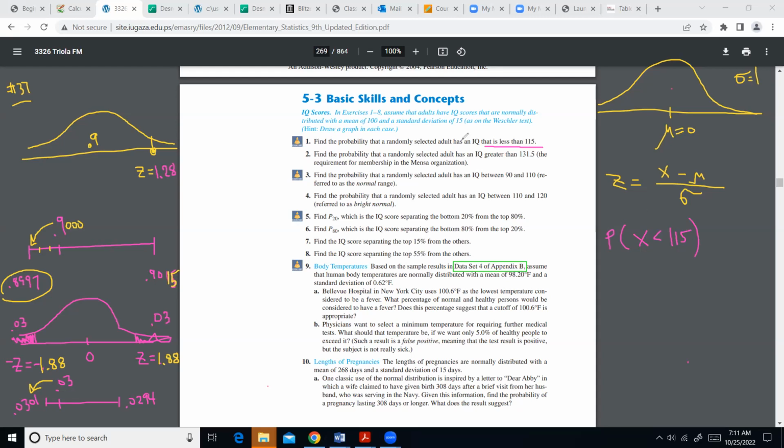The reason is that we have a distribution with mean equal to 100 and a standard deviation equal to 15. So I just have some normal distribution. 100 is here. That's where the highest probability is, the mean. And standard deviation is equal to 15.